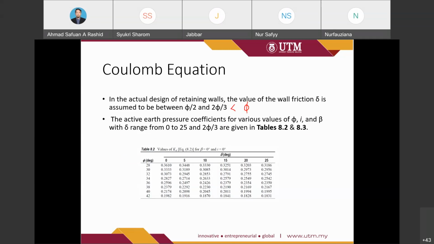The active earth pressure coefficients for various values of phi, i, and beta, with delta ranging from 0 to 25 and two-thirds of phi, are given in Tables 8.2 and 8.3.